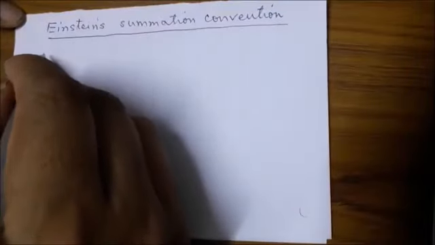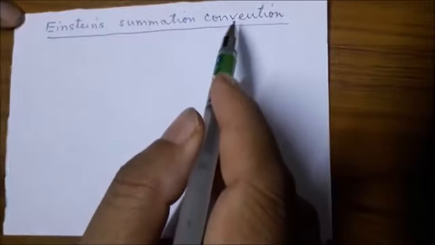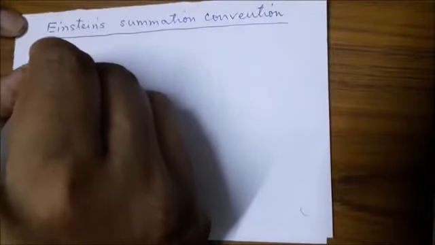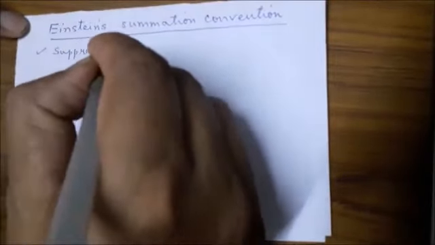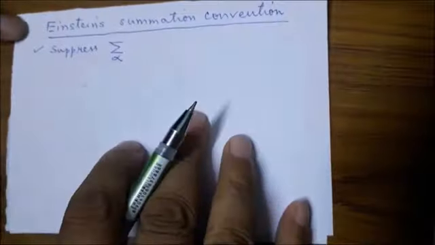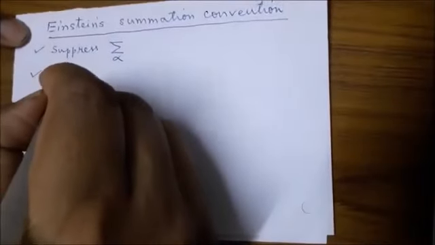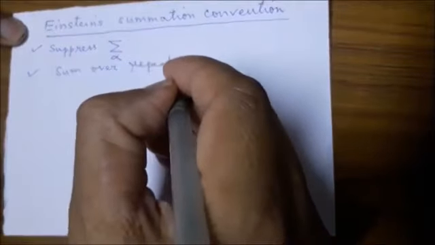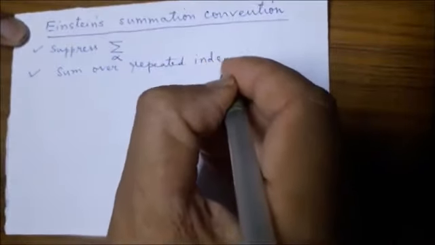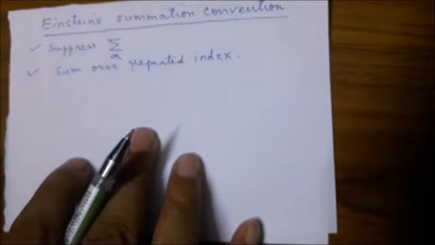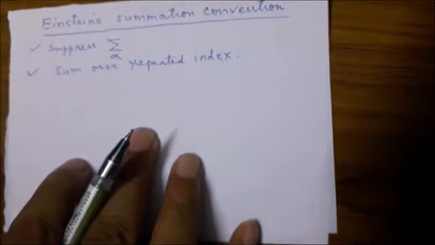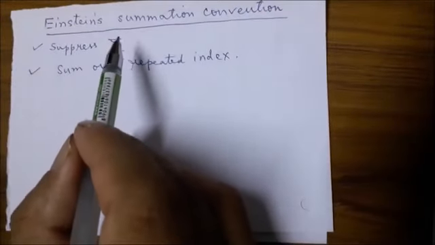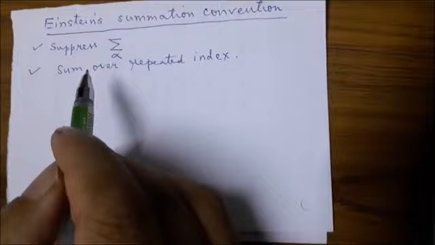So what have we essentially learnt about Einstein Summation Convention? Number one, we can suppress the summation sign if we use Einstein's Summation Convention. And secondly, we have to sum over repeated index. This is done to simplify things, so it is a very compact notation which we can use to our advantage.